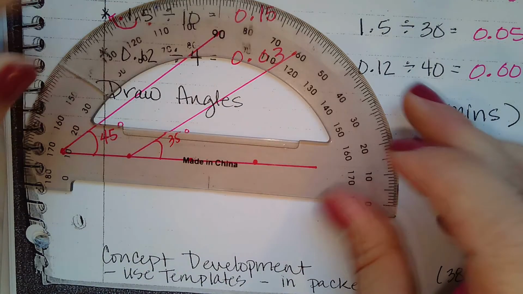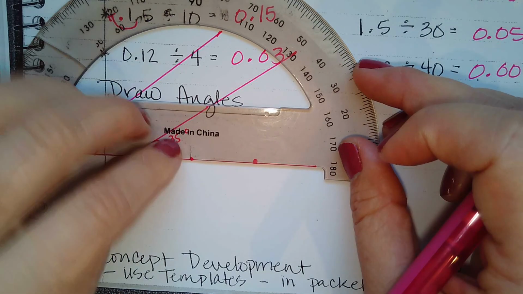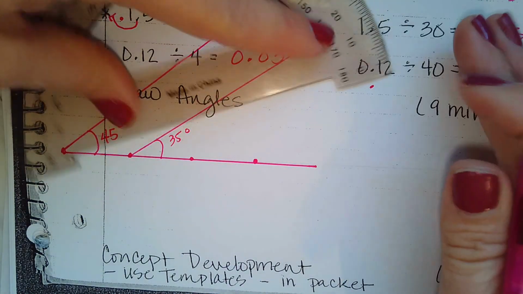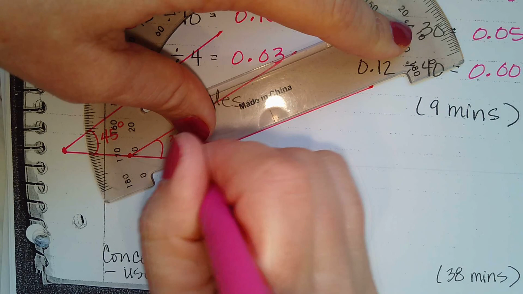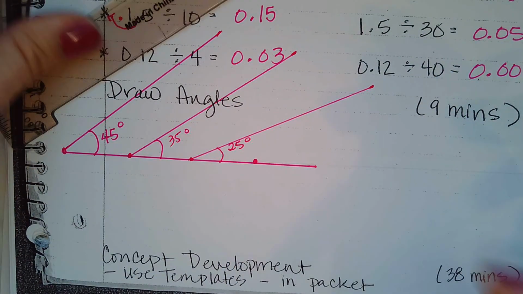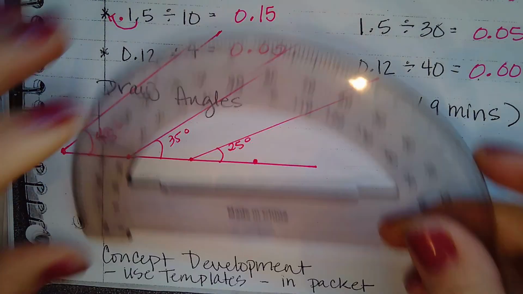How about 25? Let's go 25-degree angle. Here's a 25-degree angle. And then what should our final angle be? What do you think? 45, 35, 25. Let's do 15.